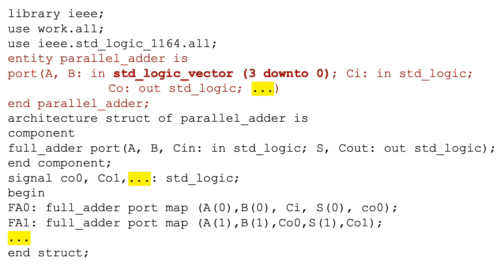But the tricky part is the last full adder. Remember, last full adder's C out is no longer a signal, but instead it would be C out of the file itself. So whatever name you gave it, make sure you type it here at the last C out. And the first Cn is the Cn of the file itself. The last C out is the C out of the file itself.